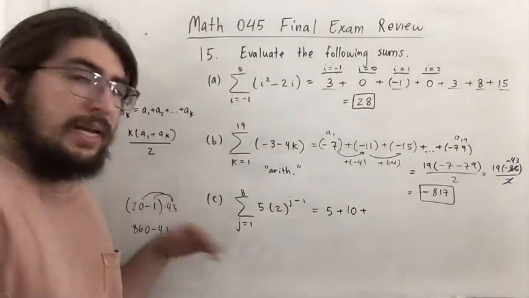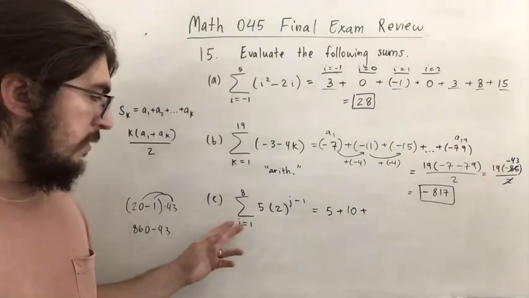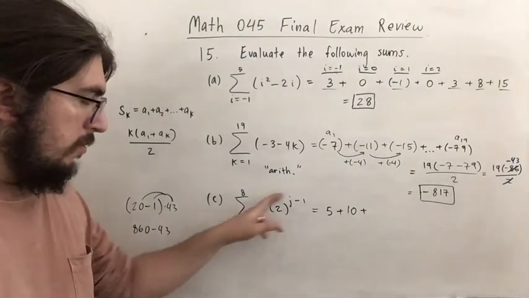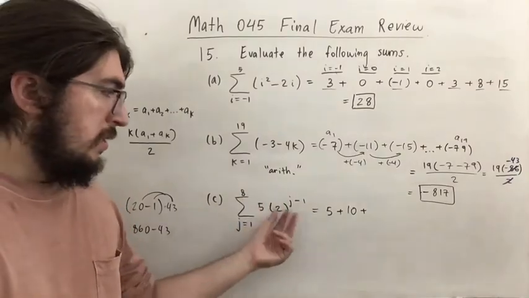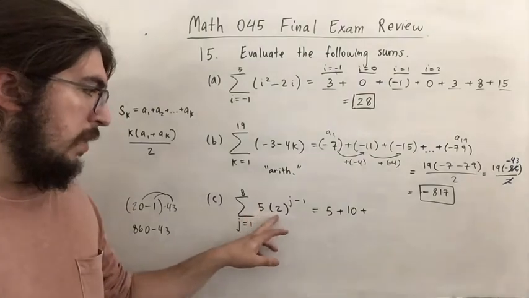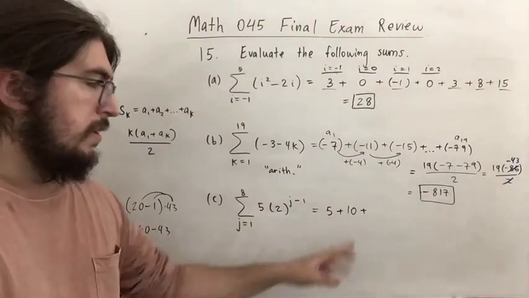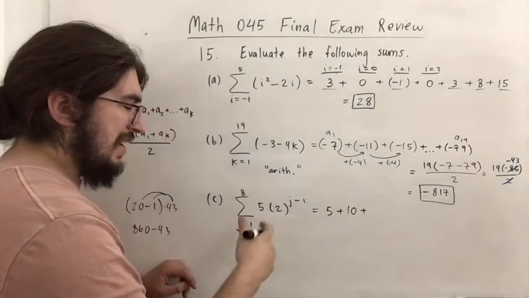And you kind of see when you plug in each number bigger than 1, so each subsequent integer following 1 for j, you get consecutive powers of 2. So we have 2 to the 0, 2 to the 1, 2 to the 2, 2 to the 3, and so on. So, sorry, I said that kind of weird.